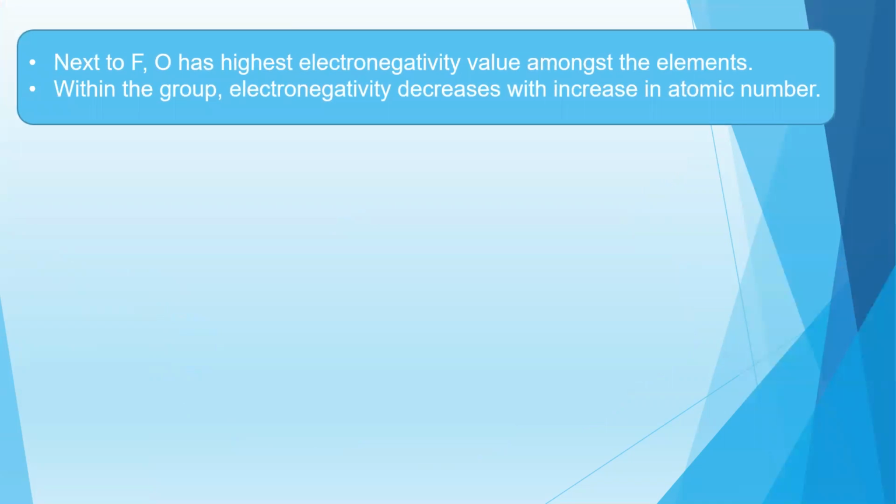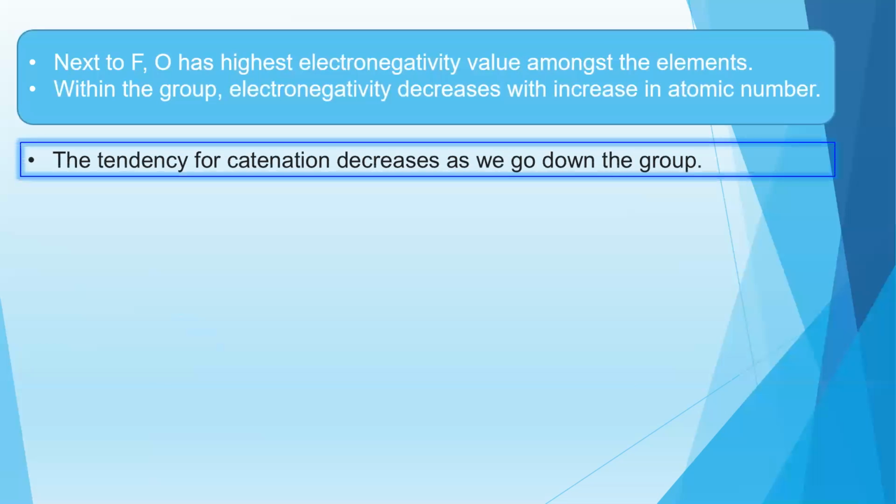Next to fluorine, oxygen has the highest electronegativity value among the elements. Within the group, electronegativity decreases with increase in atomic number. The tendency of catenation decreases as we go down the group. What is catenation?